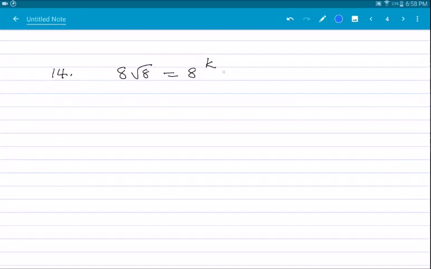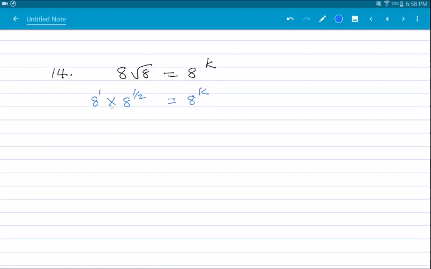Solve this for k. So let us take the left hand side. We write this as 8 times 8 to the half. That's how we change the square root of 8 to an index form, is equal to 8 to the k. Well, this is really a 1 here.